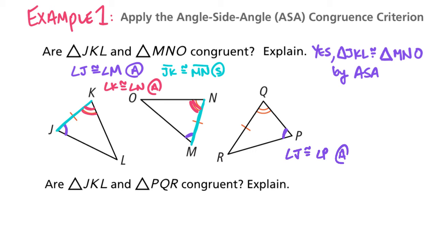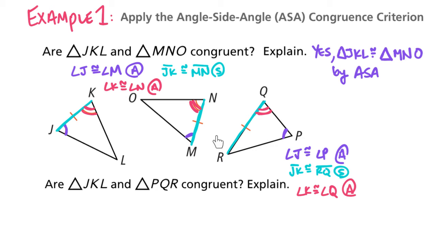And then I notice that I have a segment congruent over here, segment RQ and segment JK, it says are the same. They don't look the same to me, but it says they're the same, so we'll go with it. So segment JK is congruent to segment RQ, which is a pair of sides. And then lastly, I have angle K and angle O congruent. Angle K is congruent to angle, I guess that's Q, angle Q. And that's another pair of angles.